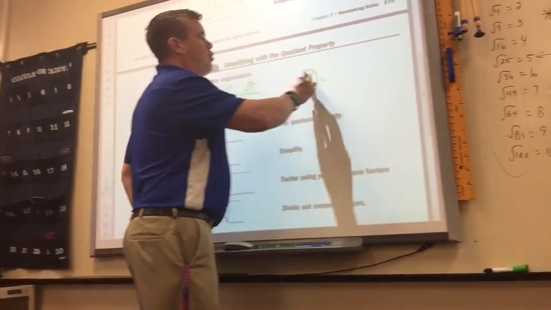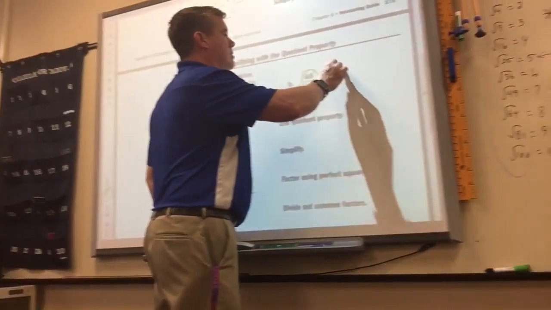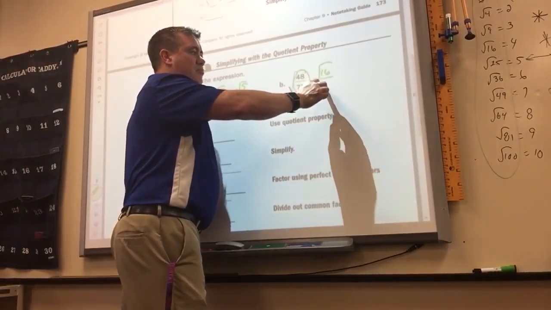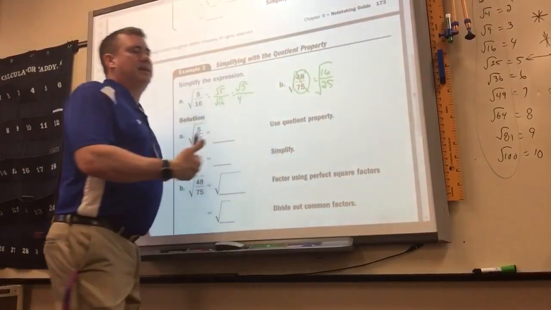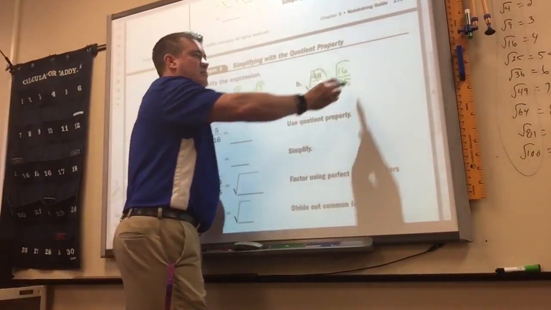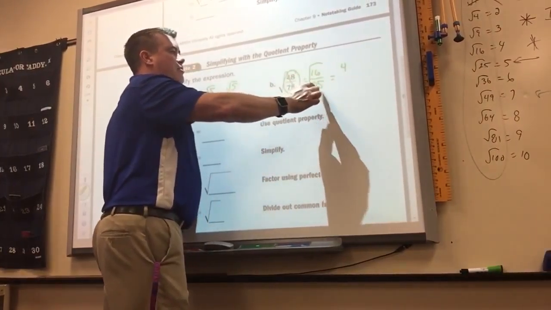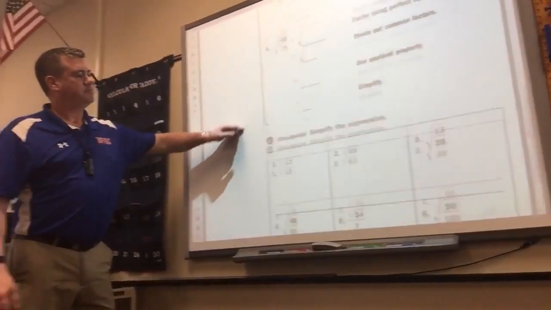So 48 divided by 3 is 16. 75 divided by 3 is 25. So there I reduced it. Now they're both perfect squares, right? What's the square root of 16? 4. And what's the square root of 25? 5.